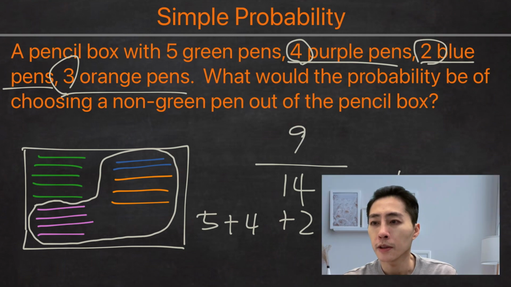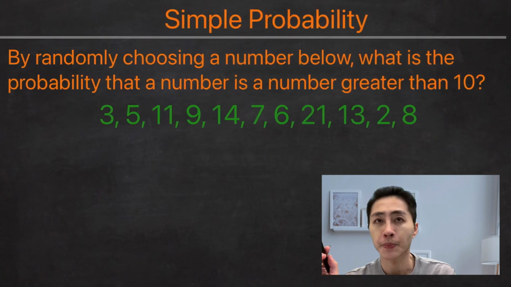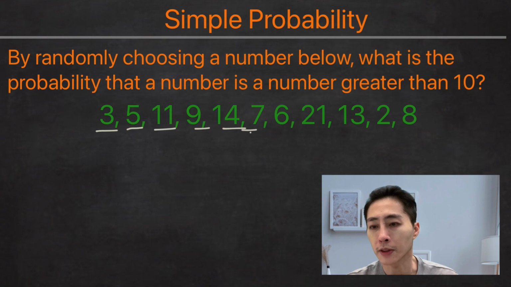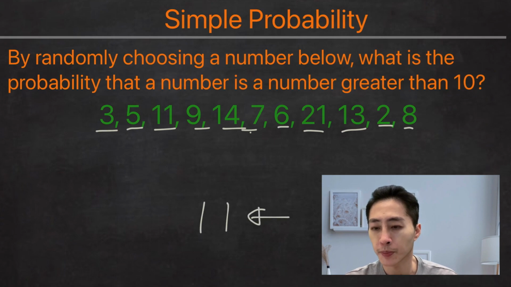Okay? And let's try this one. By randomly choosing a number below, what is the probability that the number is greater than 10? So let's look at the set of numbers. First, let's see how many numbers there are. So we have 1, 2, 3, 4, 5, 6, 7, 8, 9, 10, 11. So our potential outcome will be 11. I'll just put O as outcome.